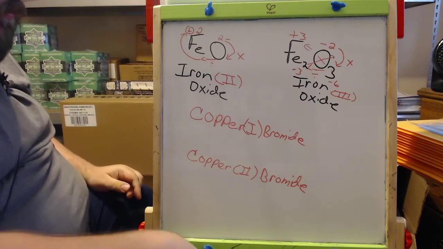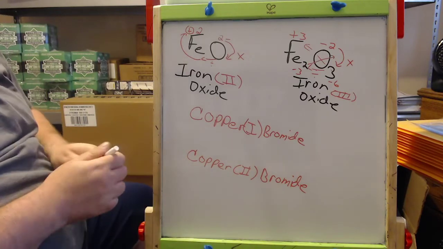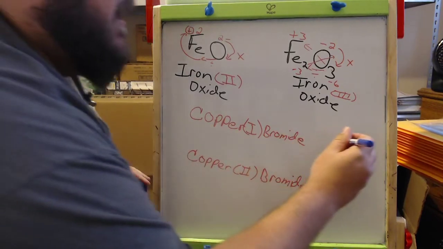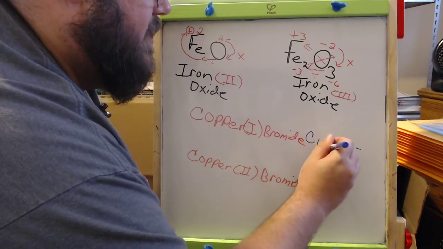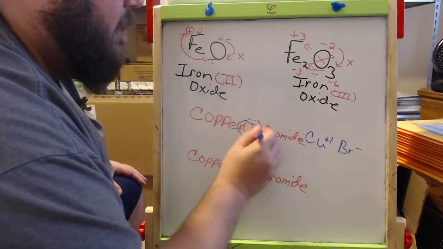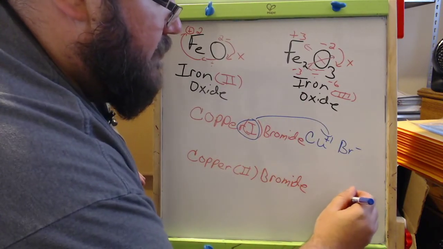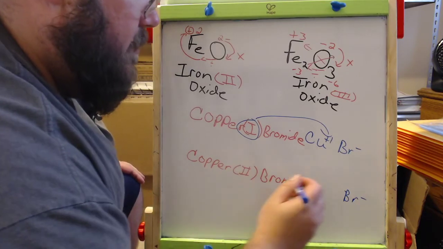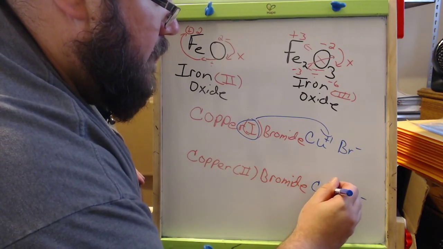So, bromine is a minus 1. Copper 1, Cu, and since it's copper 1, plus 1. Bromine's a minus 1. It's in group 17. Copper 2 is a plus 2.